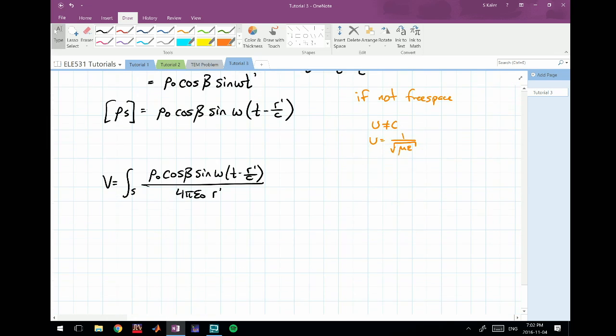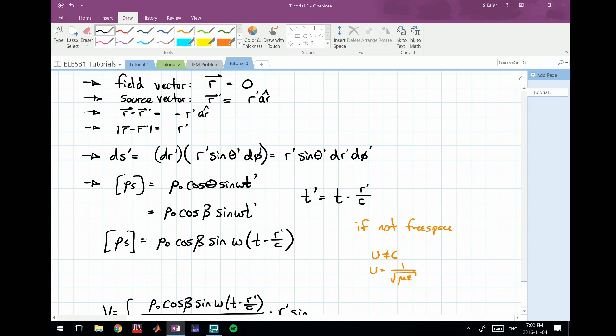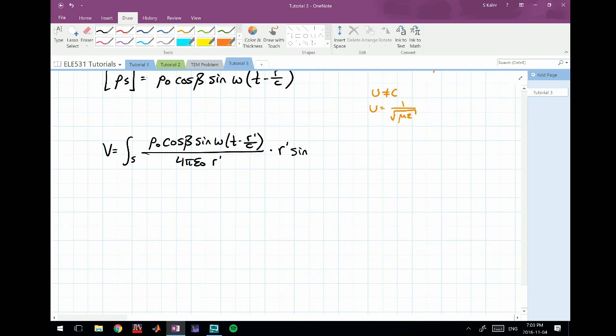And then I'm going to have this times r prime sine theta, we said, correct? But theta we know is just beta, so I'm going to plug that in there as well, sine beta. Then we have dr prime d phi prime.